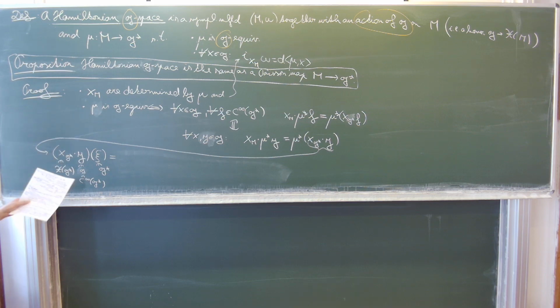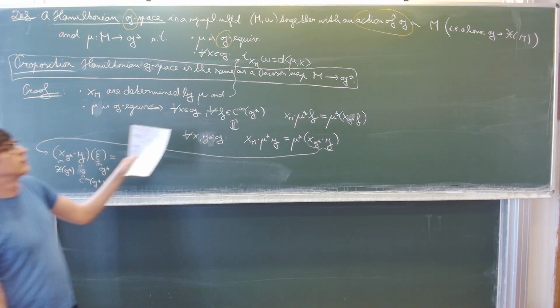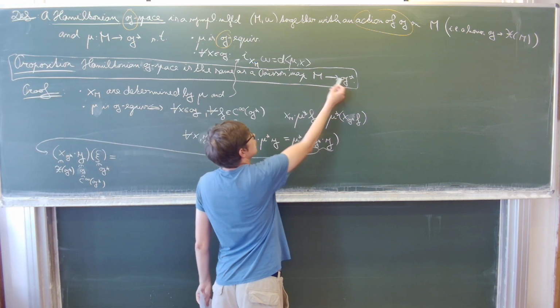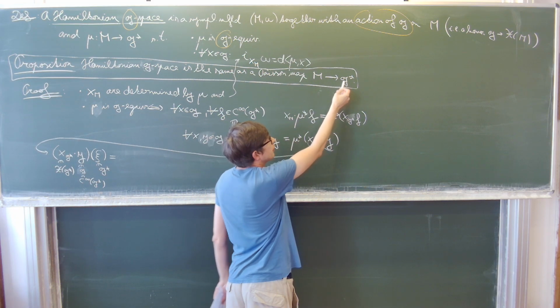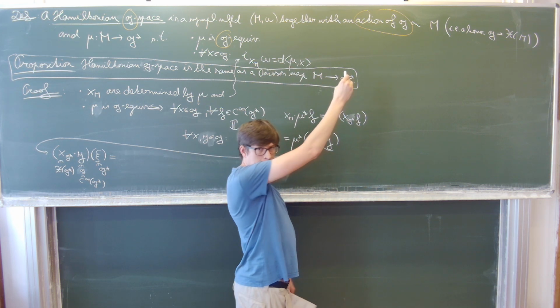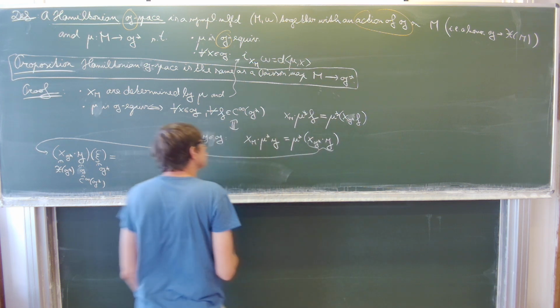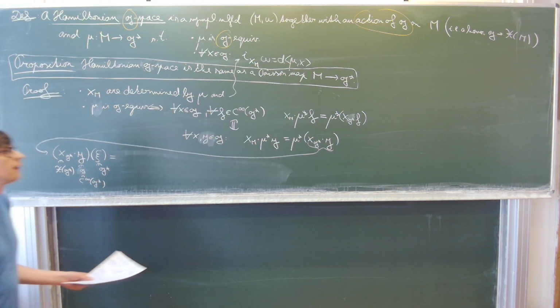I'm now on G star, on the Poisson manifold G star, and I didn't emphasize that, but Poisson map means that both of these things are Poisson. This one is Poisson because it's symplectic, and this one is Poisson because we saw that last semester. This is a basic example of a Poisson manifold, the dual of the Lie algebra, and its symplectic leaves are the coadjoint orbits.